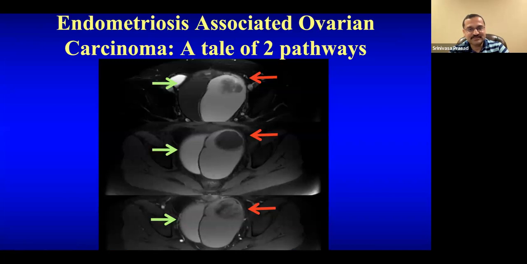Again, an interesting imaging perspective of this was an endometriosis-associated endometrioid carcinoma, and on the left side, it arises against the background of cystadenofibroma.